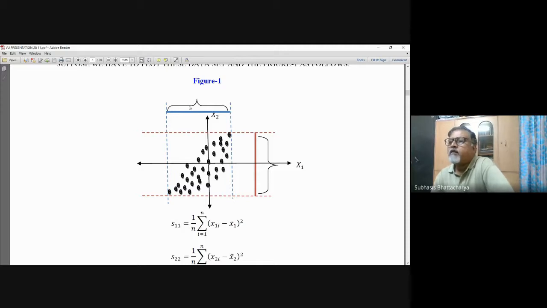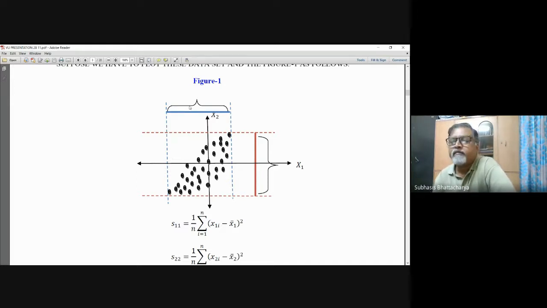Similarly for x2, the vertical red dashed line measures the spreadness of x2, shown by the thick red line. So the spreading of the variables is measured by the distance between such red and blue lines. The spreading of such variables you may call variability.